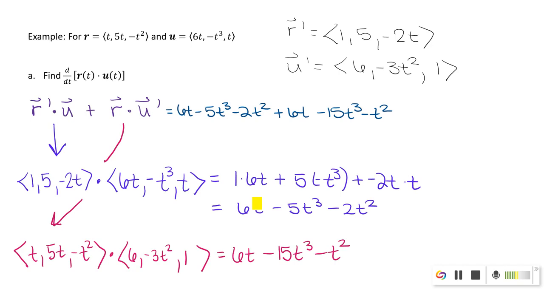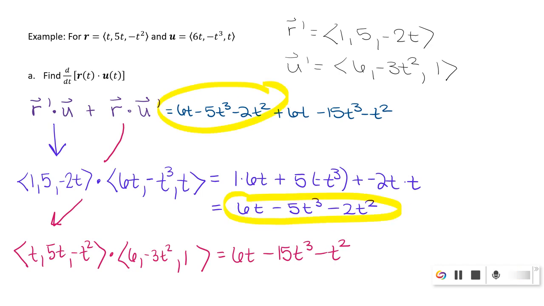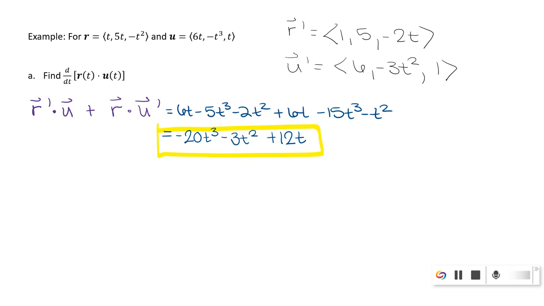So then we're going to take our r prime dotted with u, and we'll add that to r dotted with u prime. I have that written on the top of the screen, and then I'll just combine like terms. Notice my final answer is not a vector, because when you take the dot product, you do not get a vector, you end up getting a scalar. So final answer, negative 20t to the third minus 3t squared plus 12t.